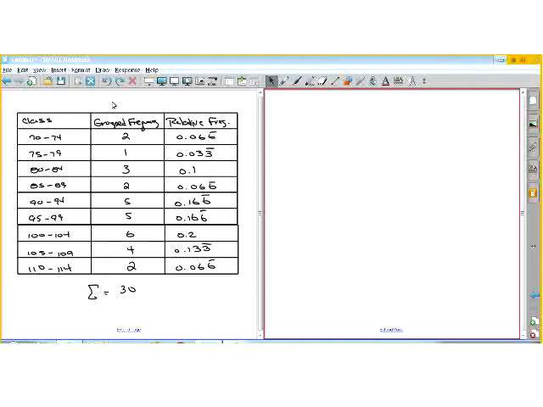Those are my classes. Then to do a histogram, we do the same thing, except we're going to have more bars, so we'll have to make sure we leave enough room. The maximum is 6, so I can go 1, 2, 3, 4, 5, 6.